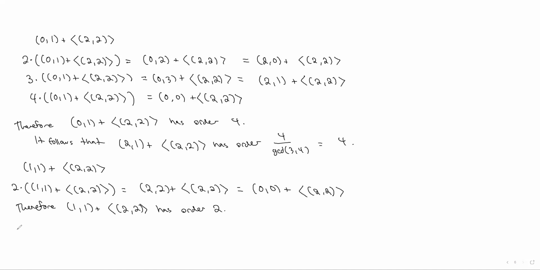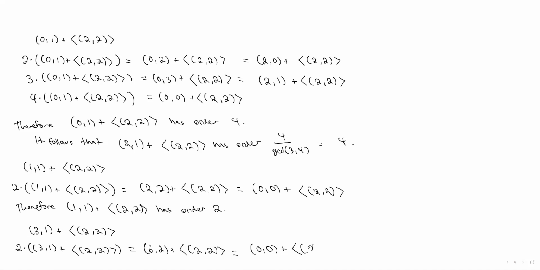Now, the last element is (3,1) + <(2,2)>. If we do 2 times it, we get (6,2) + <(2,2)>, and that's the same thing as (0,0) + <(2,2)>. Okay, so (3,1) + <(2,2)> has order 2.